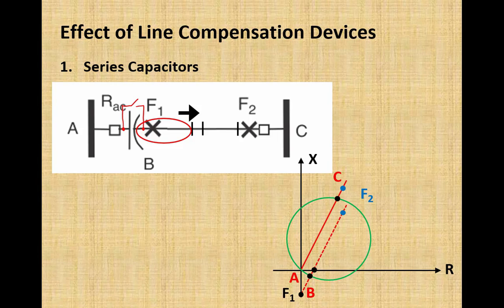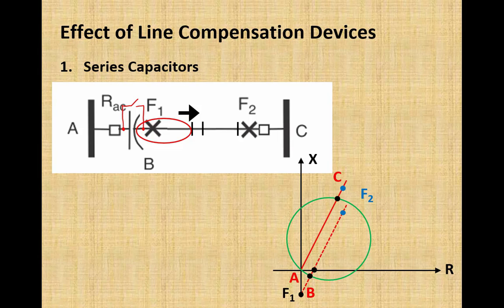Due to this reason, on the occurrence of fault F1, we immediately close the switch in parallel with the capacitor to isolate it from the system. Once this capacitor has been taken out of service, immediately this fault F1 will move inside the operating region of the relay, and then relay RAC will open the circuit breaker to clear the fault. So this is how the fault would be cleared.